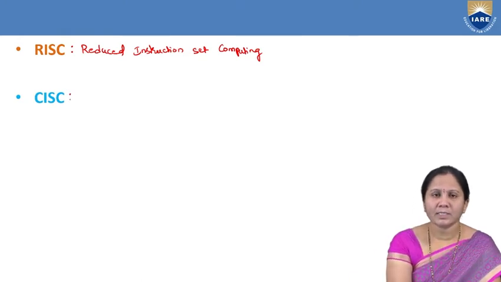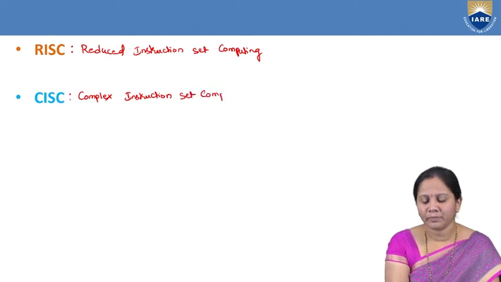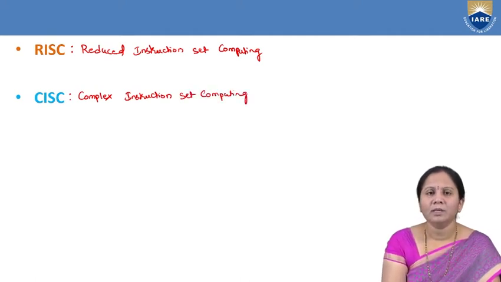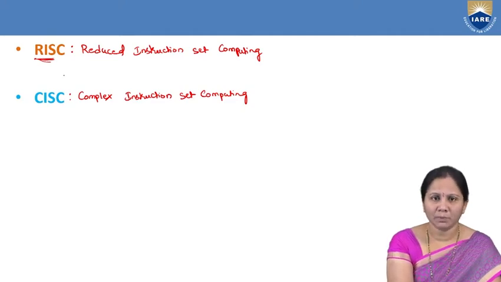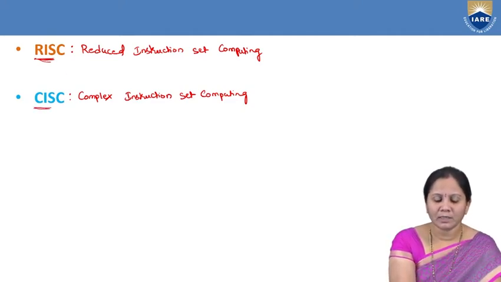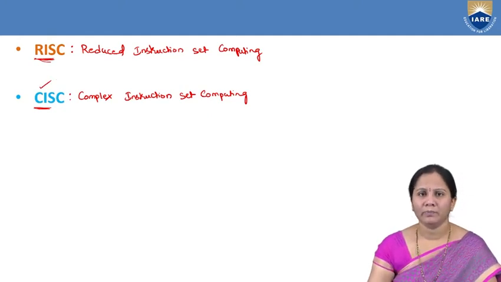Here CISC stands for Complex Instruction Set Computing. The name itself says reduced instruction set. That means here the instruction set will be simple, whereas in CISC, complex instruction set, the instruction set will be complicated. So now we will go to the detailed discussion about RISC and CISC.